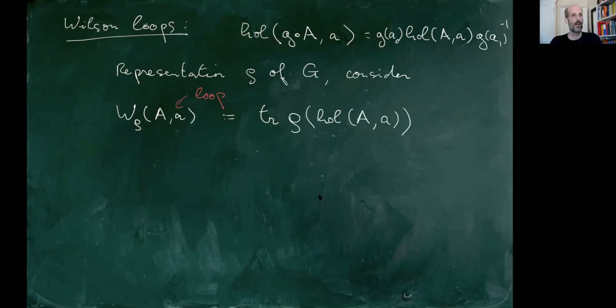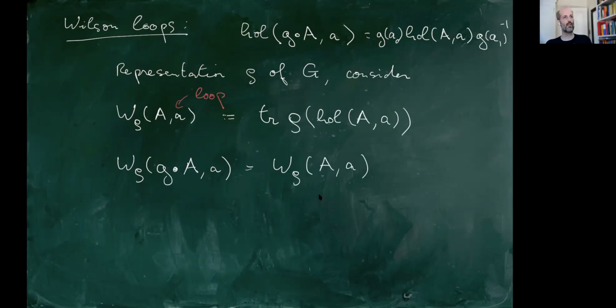Okay, and by what I just said, clearly W rho of G acting on A is actually equal to W rho of A. Okay, so now we have a class of observables that are invariant under the action of the gauge group.